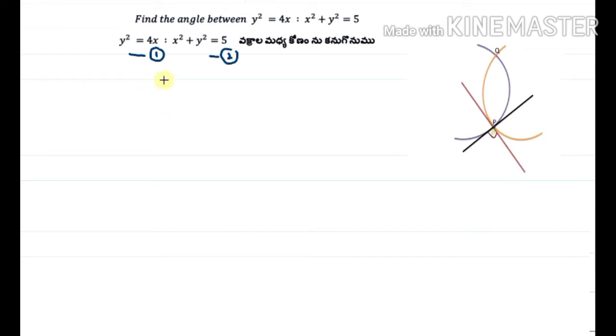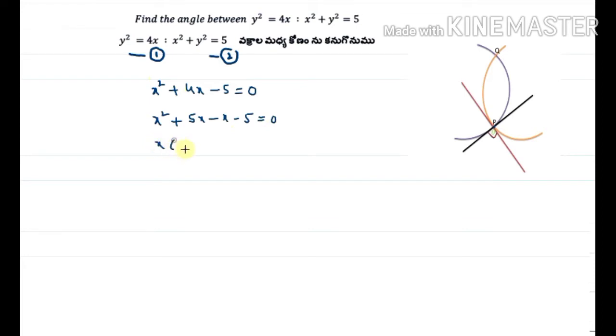Substitute 1 into 2. From that I will get x square plus y square, that is x square plus 4x. If I bring 5 to this side, I will get minus 5 is equal to 0 here. On factorization, I am writing this as plus 5x minus x minus 5 is equal to 0.